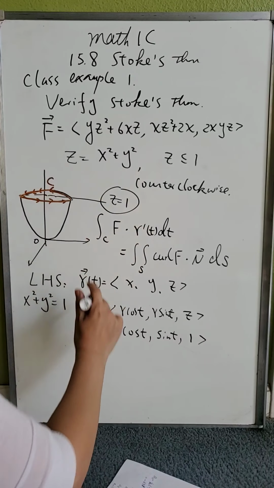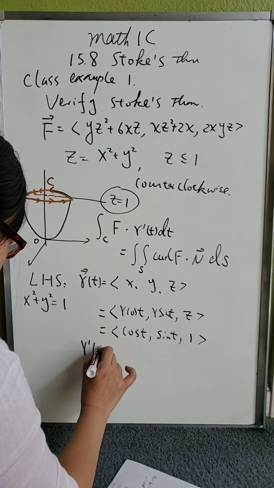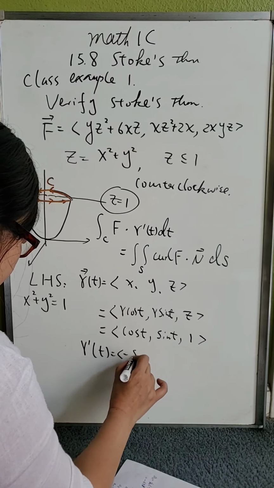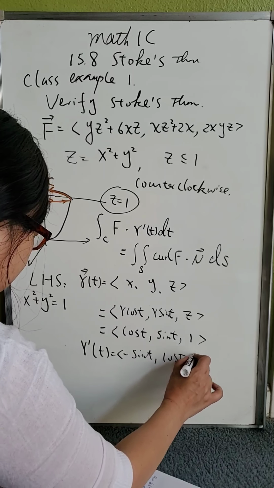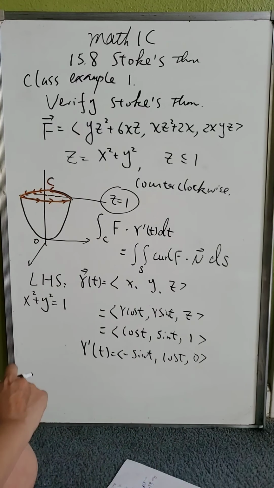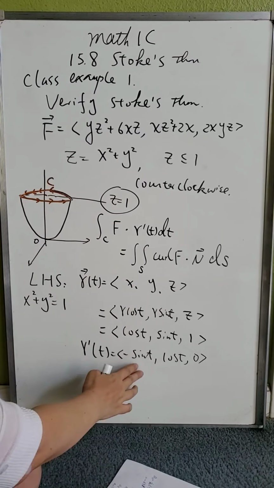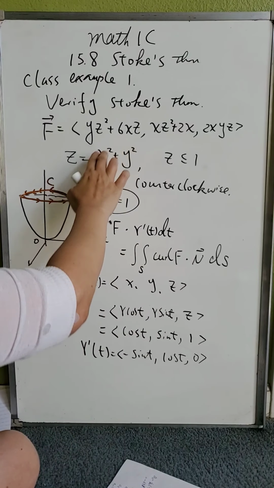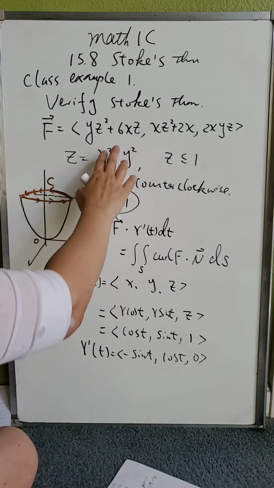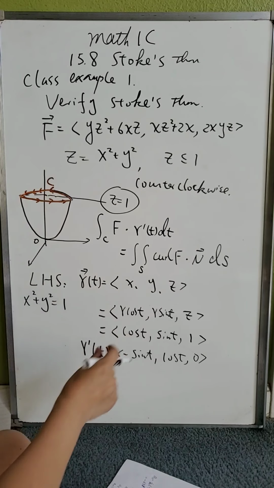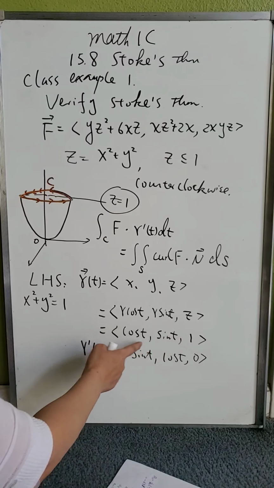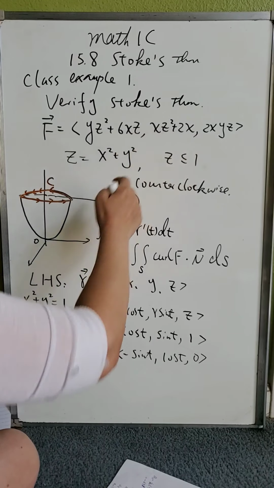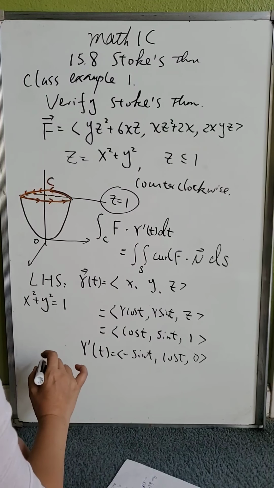Now we're going to take r prime of t, equal to negative sine t, cosine t, and 0. Now we have to put this inside the vector field also. The vector fields in the book are always very simple, but the truth is the vector field is not always that simple. So we have F(t), and we have to replace the y, z and all this stuff.